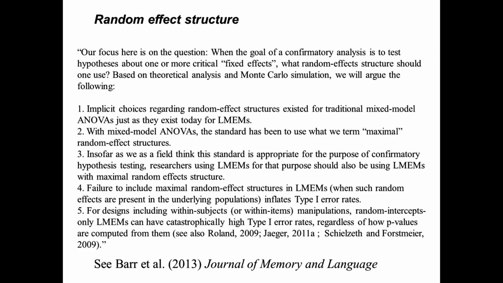All my circles are not in the right spot. Okay, so random effect structure, and this is speaking to some of the things that we've just been talking about. It is really important to think about your random effects structure. In particular, there's one paper that talks at length about it and about how we want to keep it maximal, right?